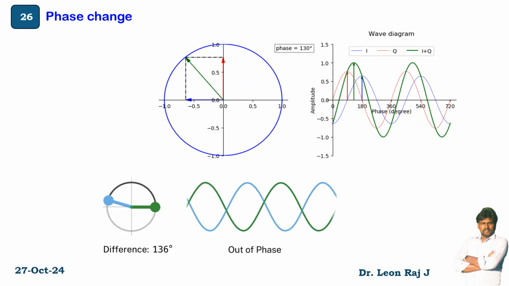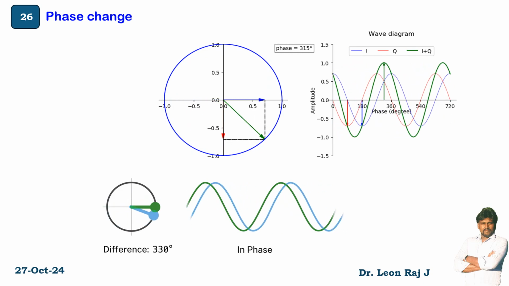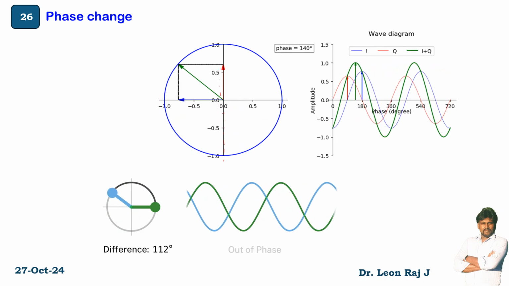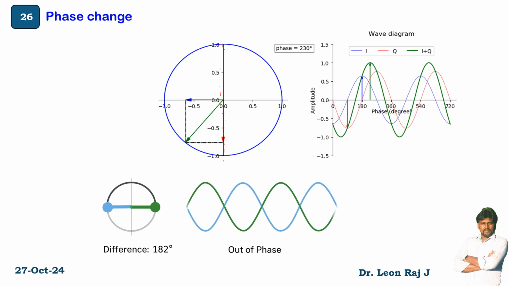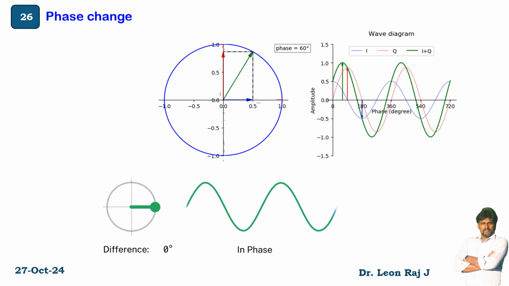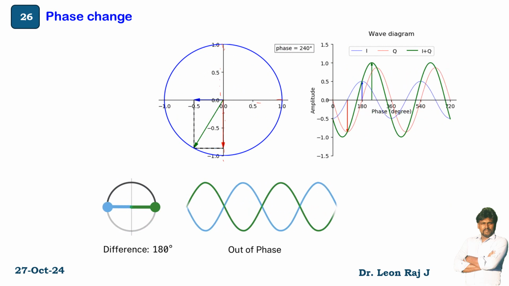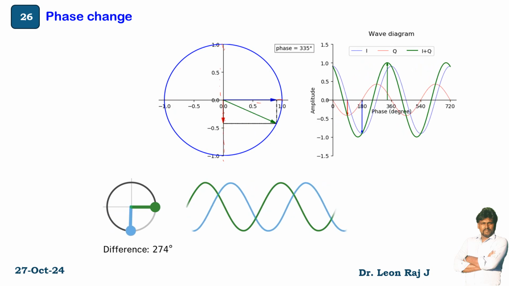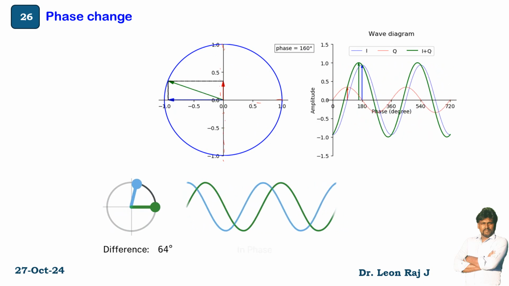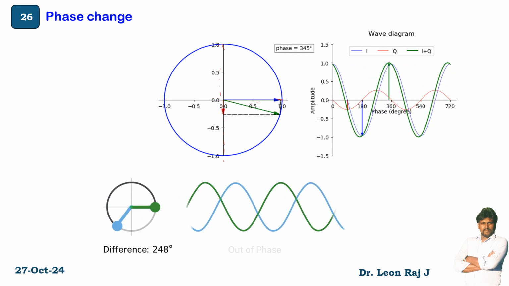This is the phase angle change. So you can see how the red line varies with respect to horizontally and vertically, and how the blue line varies. You can see the whole circle is moving. Tan theta is nothing but the tangent.